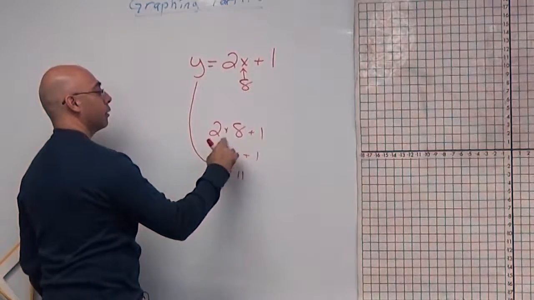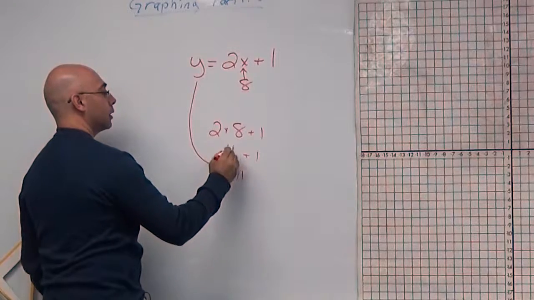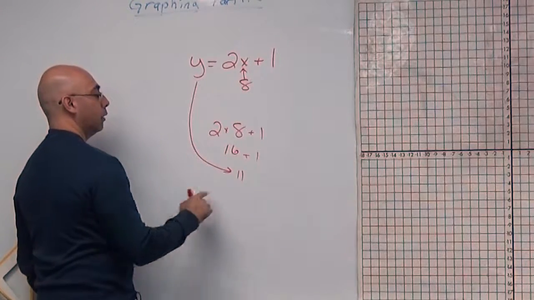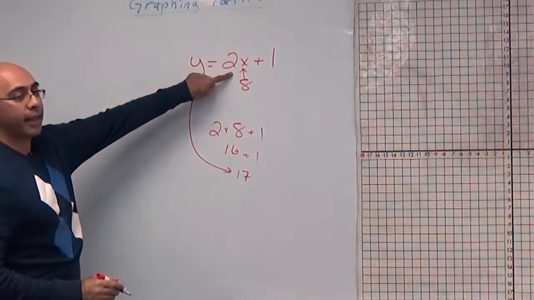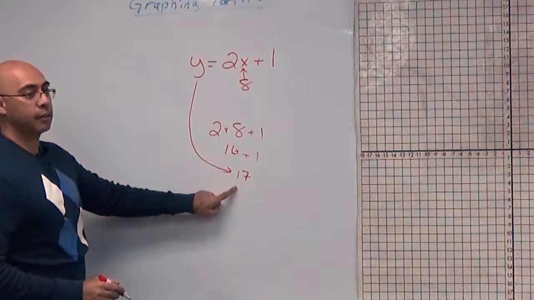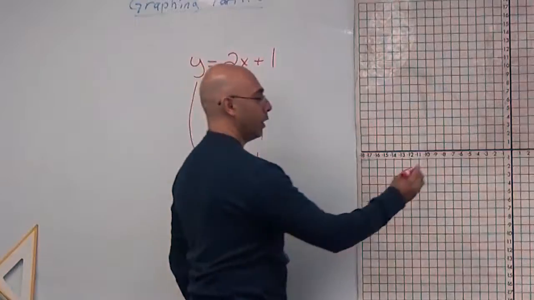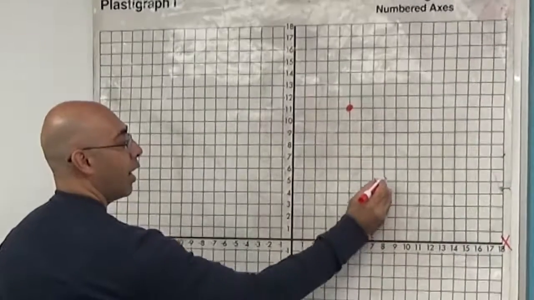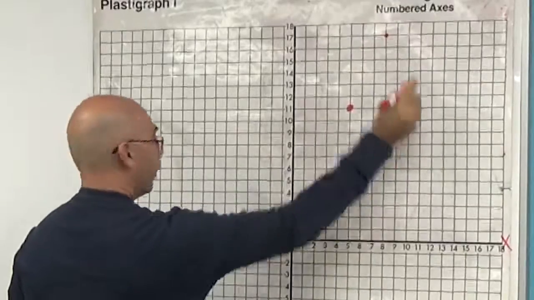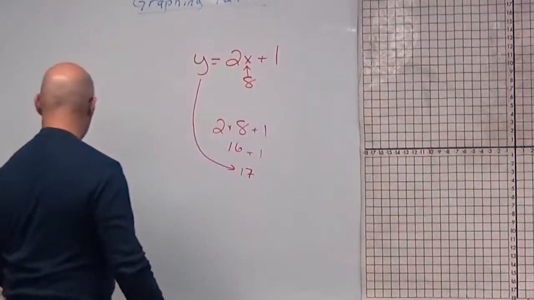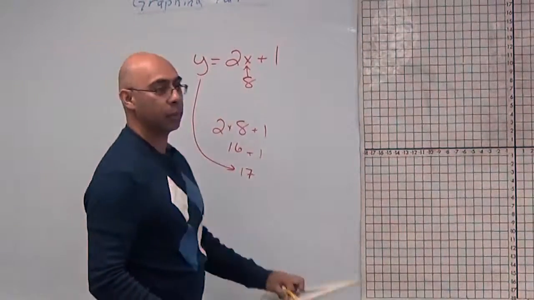What's 2 times 8? 16. What's 16 plus 1? 17. So when x is 8, y is 17, right there. Now all I need to do is get some kind of straight edge, and I'm done. I don't need to do any more points.